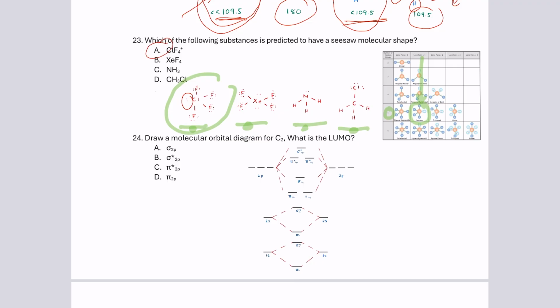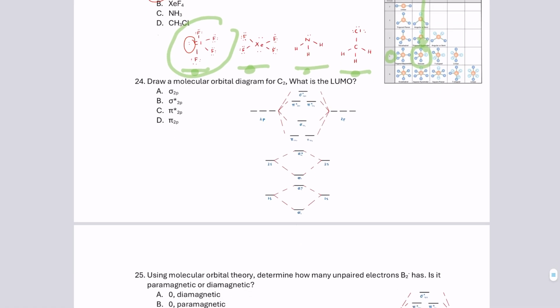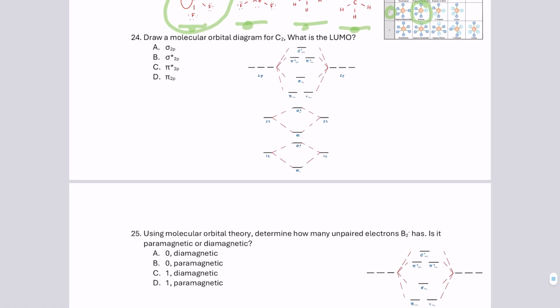Problem 24 says, draw a molecular orbital diagram for dicarbon. What is the lowest unoccupied molecular orbital? For dicarbon, we need to remember that the pi bonding orbitals are lower in energy than the sigma bonding orbitals.